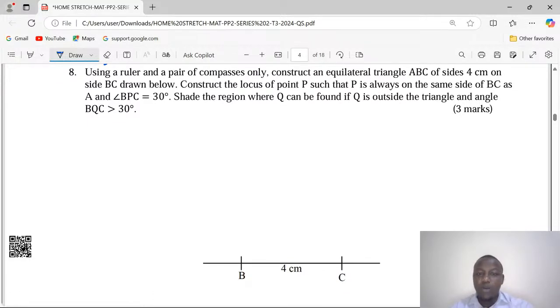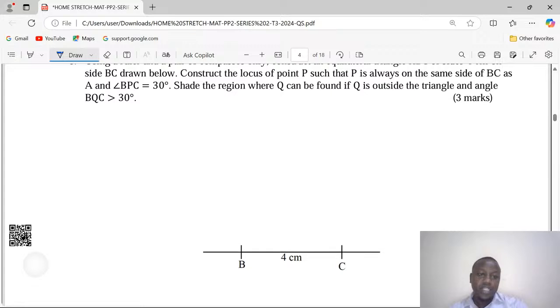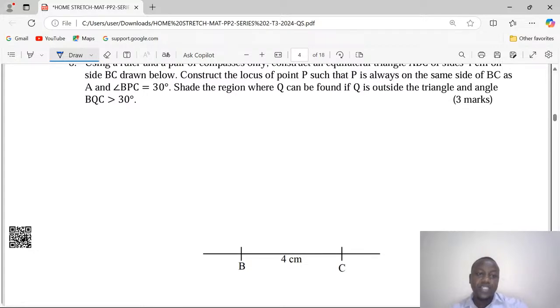Construct the locus of point P such that it's always on the same side of BC as A. Then we are also told to ensure that the angle BPC is equivalent to 30 degrees. More instructions say to shade the region where Q can be found if Q is outside the triangle and angle BQC is greater than 30 degrees.